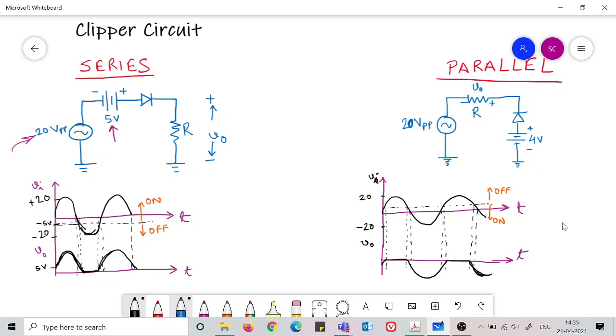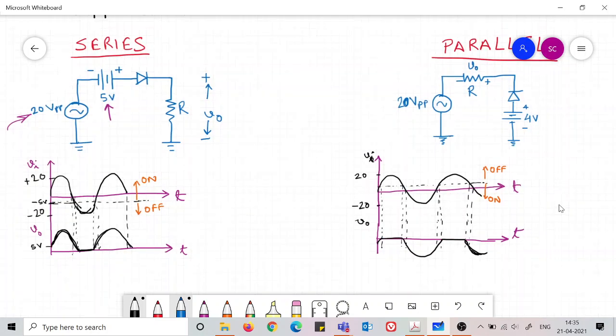I'm not very sure why it is called so, but this is the name given. So you don't need to worry about the name.